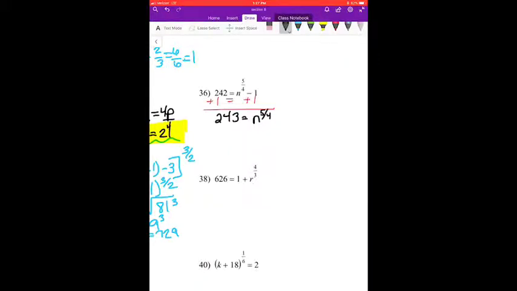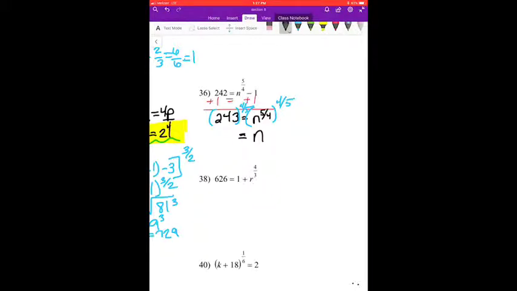What should I do? How could I isolate the n? Raise both sides to the 4/5, right? The inverse. Alright, so n raised to the 5/4 raised to the 4/5 is going to be n raised to the 20/20, which is just n.